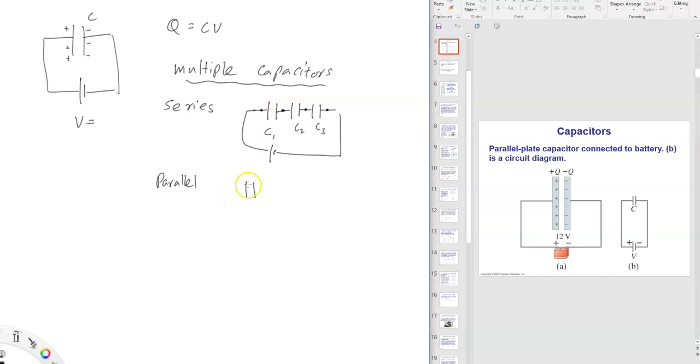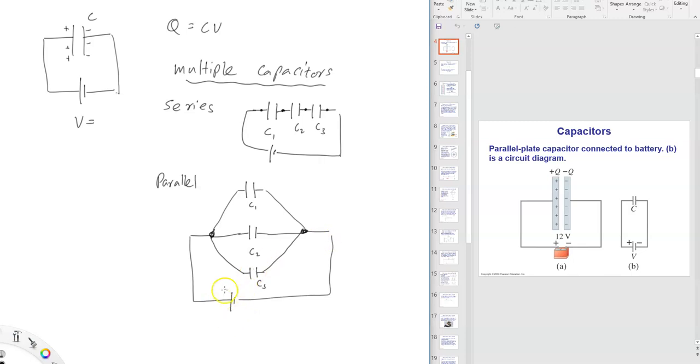Parallel means, let's say we have 3 capacitors, C1, C2, and C3. We can easily draw them one underneath the other. We connect all the left sides together into one connection and all the right sides together, and then connect to the rest of the circuit. Like you can put a battery here. So the positive side is common to all these sides, the negative side is common to all these sides.